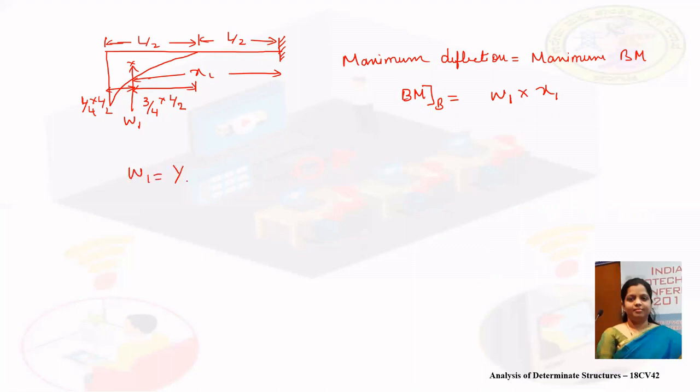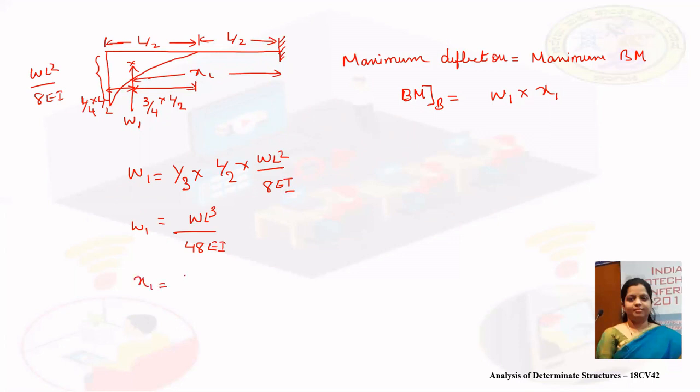Here W1 is equal to 1 by 3 times of base L by 2 and height WL square by 8 EI. On simplification, we will get WL cube by 48 EI. X1 is 3 by 4 times of L by 2 plus L by 2.